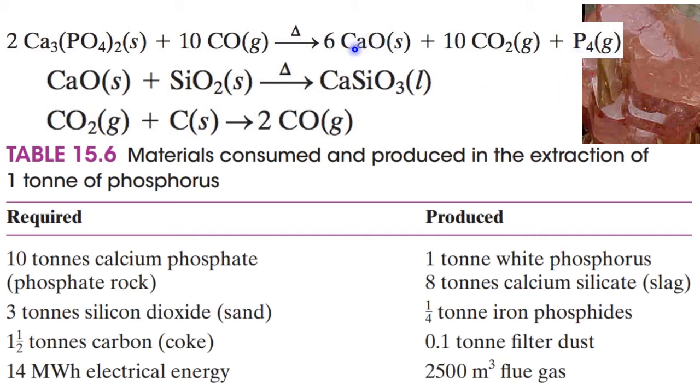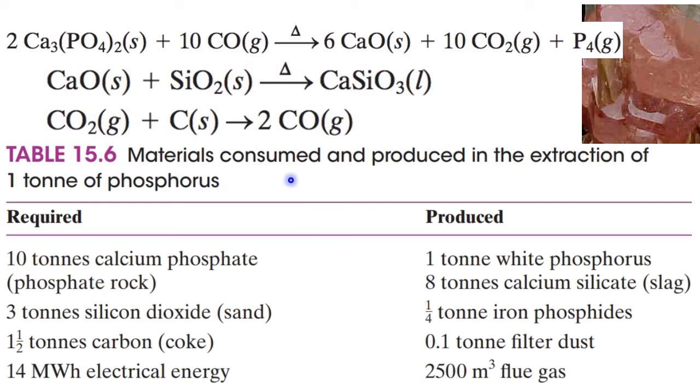Now to shift equilibrium we need to bind calcium oxide and CO2. We do that by addition of silicate, SiO2, as sand. So calcium oxide reacts with acidic SiO2 to make the salt calcium silicate, and CO2 reacts with carbon coke to make carbon monoxide, which recycles in this process.